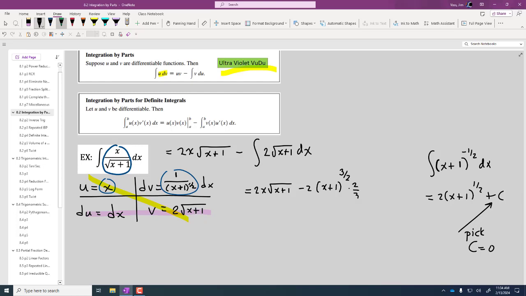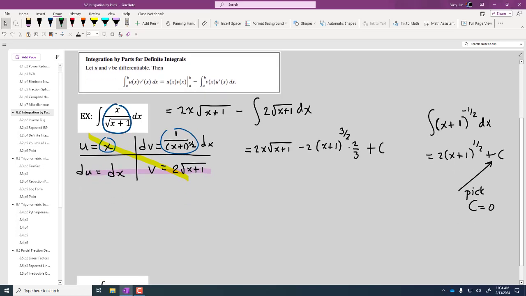Divide by 3/2, multiply by 2/3, either way, same. So there is our final answer then. We get 2x square root of x plus 1 minus 4/3 (x plus 1)^(3/2) plus c.